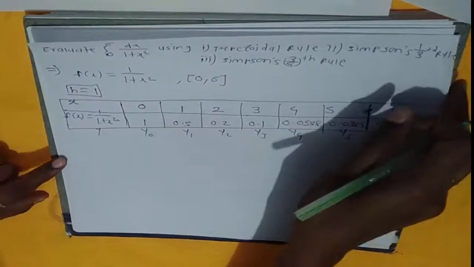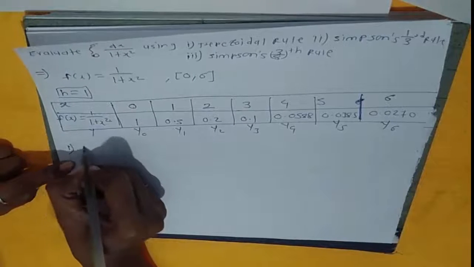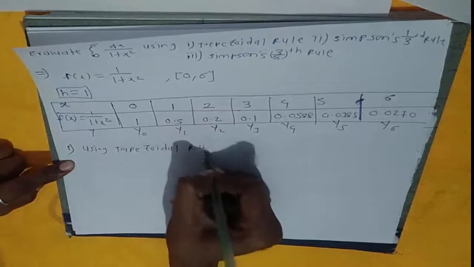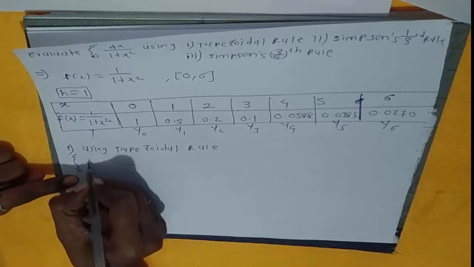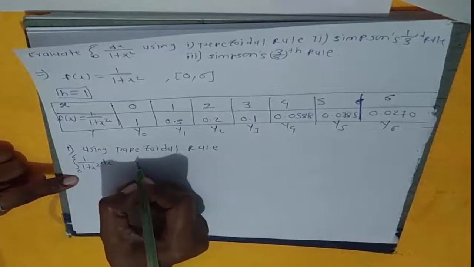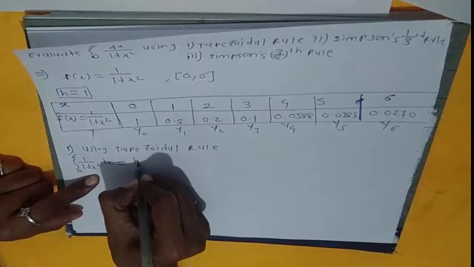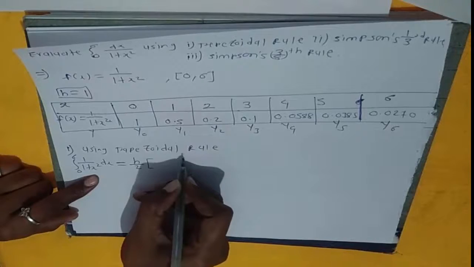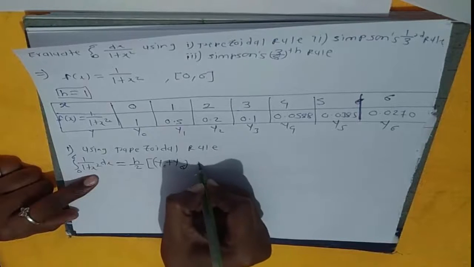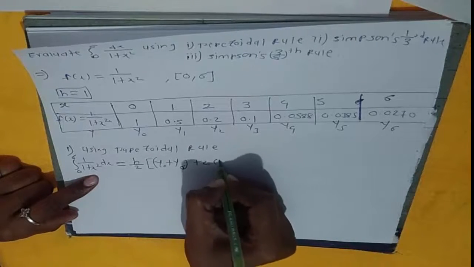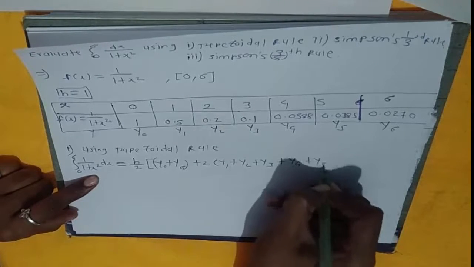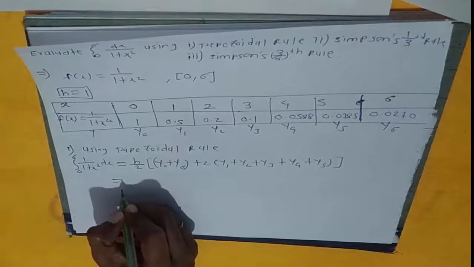So, using the trapezoidal rule, integration from 0 to 6 of 1 divided by 1 plus x square dx is equal to h divided by 2 times the addition of extreme ordinates, here y0 plus y6, plus 2 times the addition of remaining ordinates y1, y2, y3, y4 and y5.